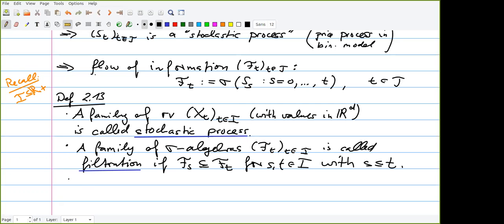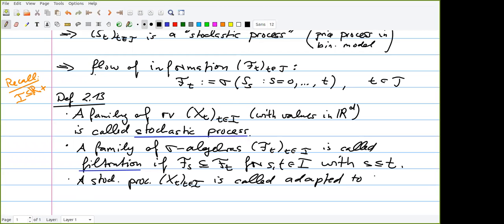A stochastic process X_t is called adapted, strictly speaking to some filtration, so to the filtration F here, if my random variable X_t, so the stochastic process at time t, is measurable with respect to F_t.